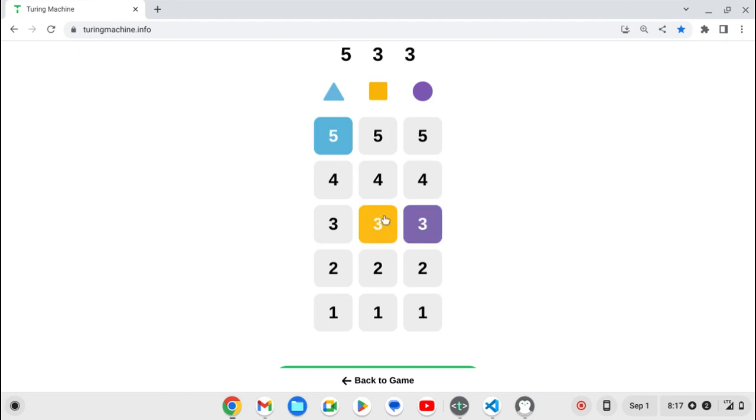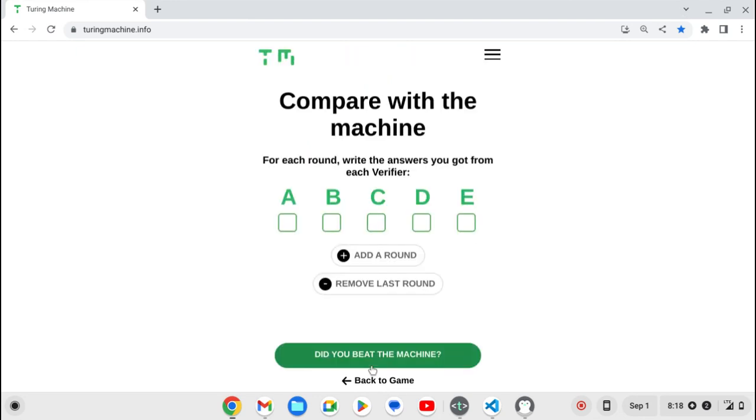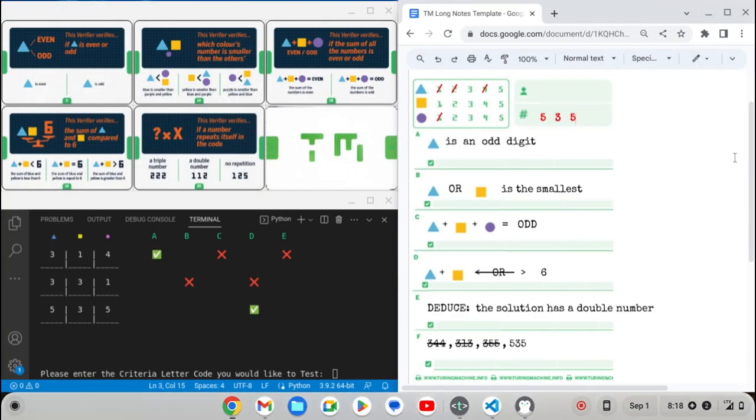Now let's see. Okay, fantastic. But how did we do versus a Turing machine? So we did go to a third round, which we haven't done in quite some time. So we'll see how we did.